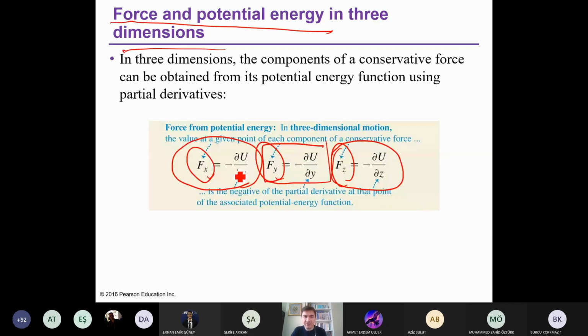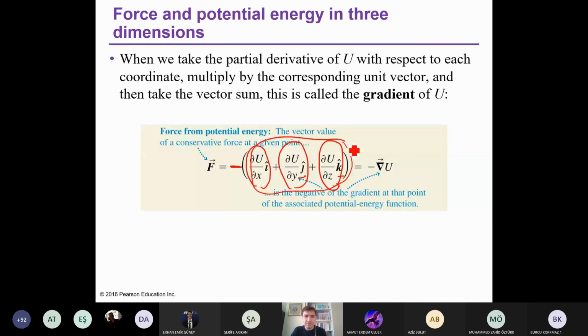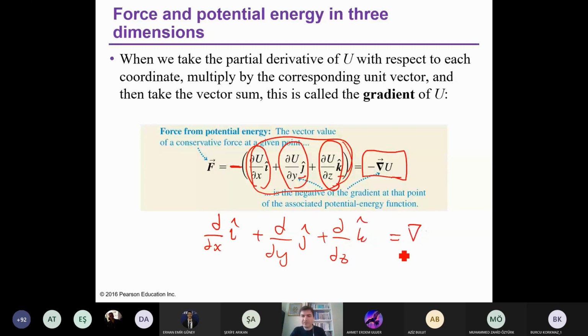Then this one can also be written with minus gradient U. Look at this one, d over dx i plus d over dy j plus d over dz k can be written as the nabla operator, let's say, okay?